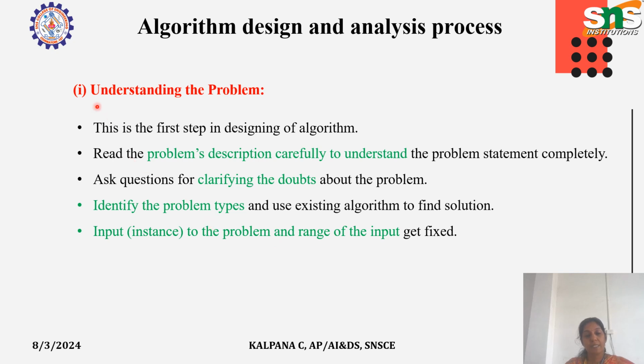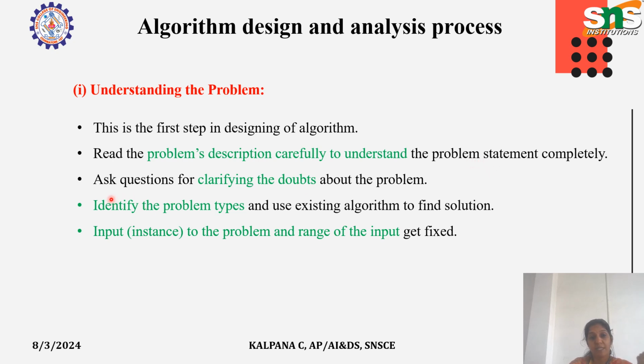This is the first step of your algorithm analysis process: understand the problem. First of all, we must understand the problem thoroughly, which means we have to read the problem description carefully. Only then can we give the solution.